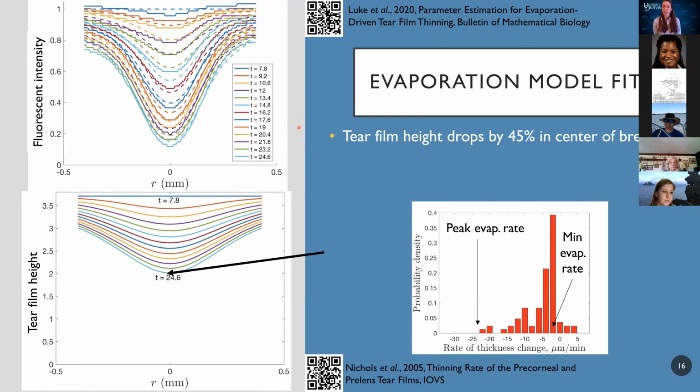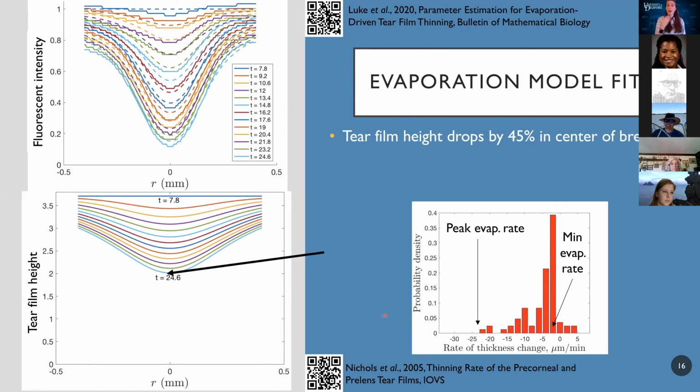Another thing, if we compare our results with some point measurements, we can get a sense for whether our values are physically relevant. So this data from this paper is given here in red, and they were only looking at overall thinning rates of the center of the cornea.